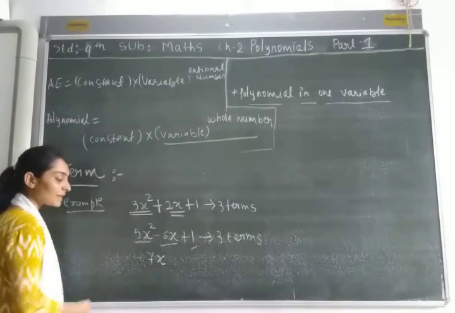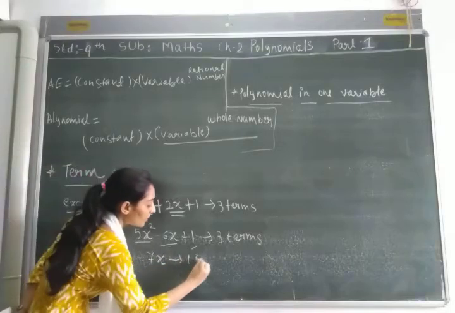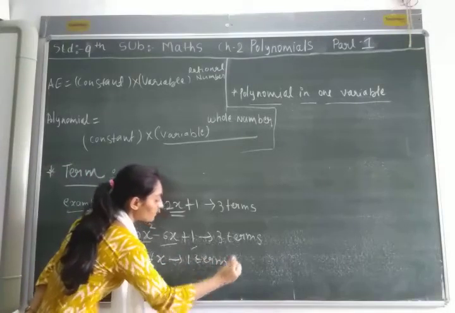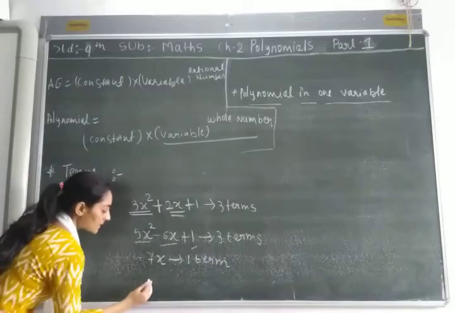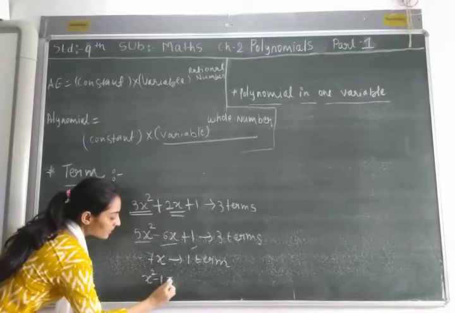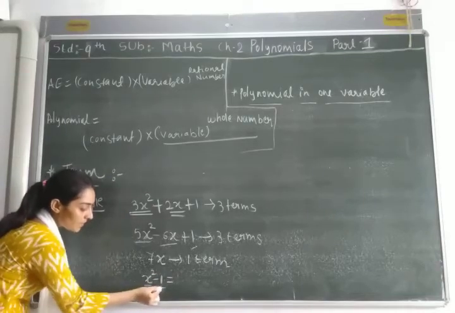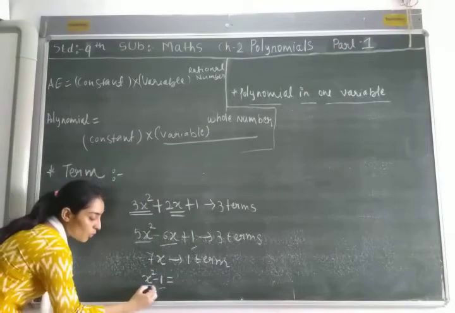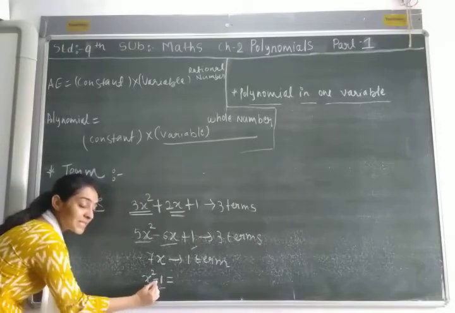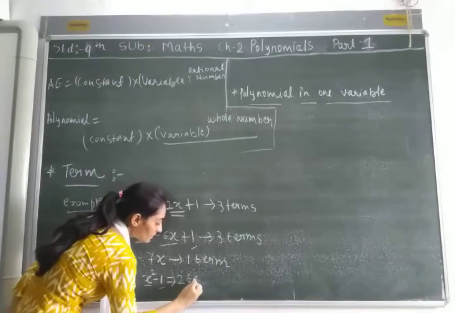How many terms are there? 1 term. Say x square minus 1. How many terms are there? 2 terms, a first term and a second term. These two terms are separated with which sign? Negative sign. 2 terms.